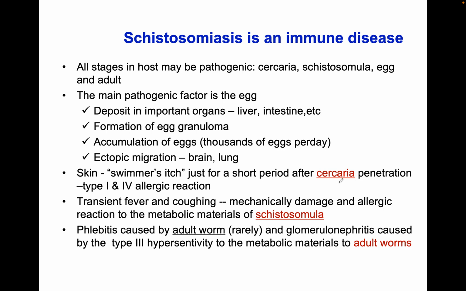It's just for a very short time after cercariae penetration, and there's type 1 and type 4 allergic reaction, and then there might be transient fever and coughing. This is exactly the same as the hookworm and Ascaris infection, which have a very short time of living inside the lung tissue, and during these 2 weeks there might be coughing and fever.